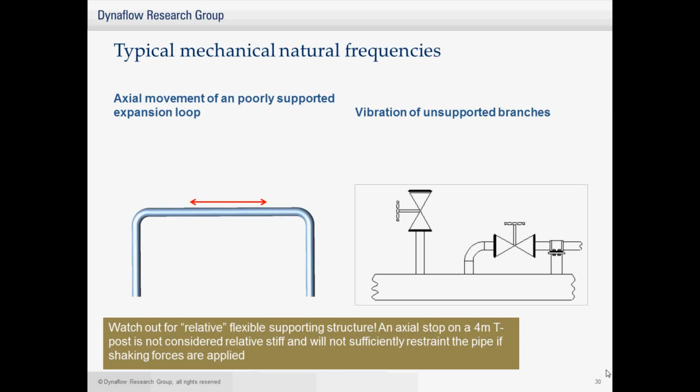And a little note on the below, you should always be careful using relatively flexible supporting structures. For example, if you have an actual stop at a 4-meter T-post, you cannot consider that stiff. It might work for a static condition, but it's definitely not sufficient to retain a pipe if there's shaking force applied, because the whole T-post will just move along with the piping.